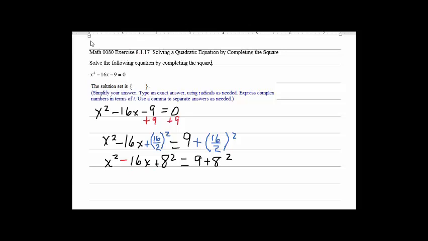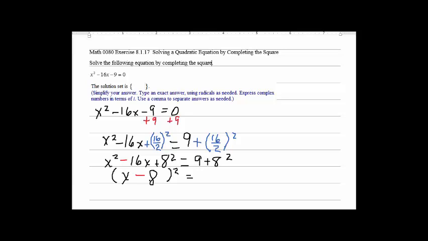So that is going to factor into the square of a binomial. Whatever sign is in front of the middle term will be the sign in the binomial. And this simply factors into the square of x minus 8.